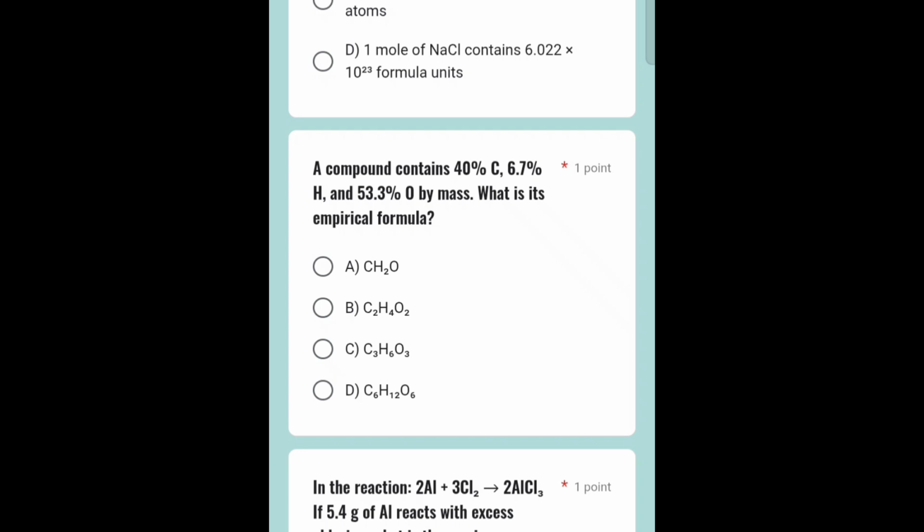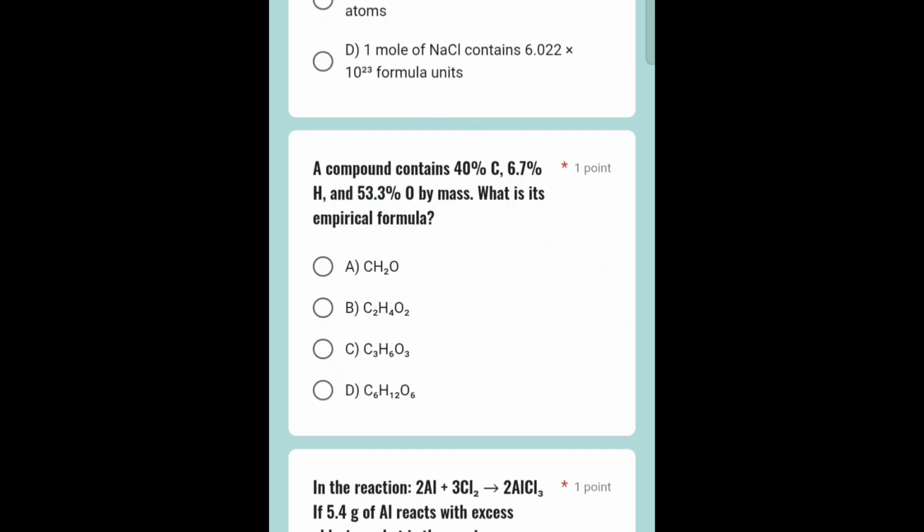After solving this, you can say 40 divided by 12 for carbon, 6.7 divided by 1 for hydrogen, and 53 by 16 for oxygen. You will get around 3.4 something for carbon, 3.4 something for oxygen, and 6.7 for hydrogen.